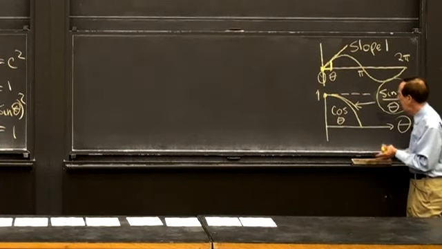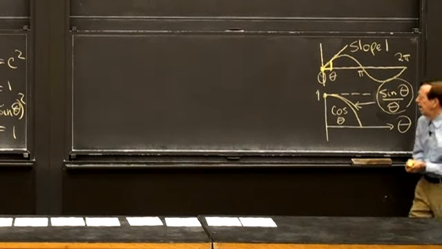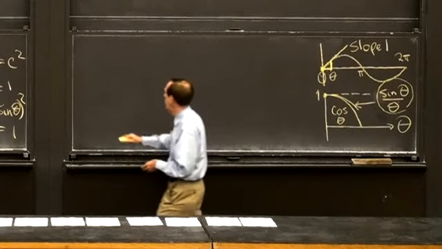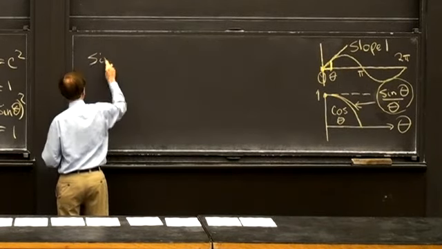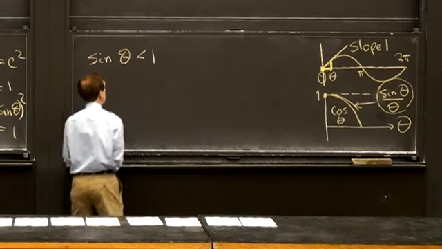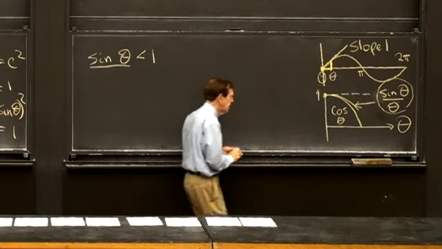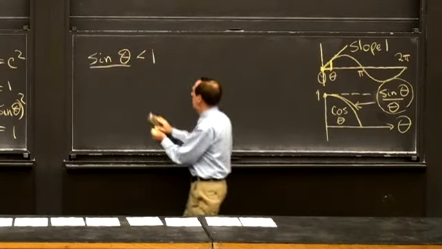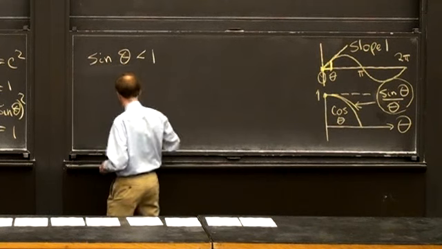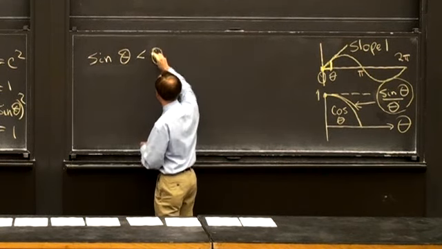Okay. Now, here's the way it's going to work. I'm going to show that sine theta over theta is always below 1. So two facts I want to prove. Let me get this right. I might as well put it the neat way. I want to show that sine theta is below theta.